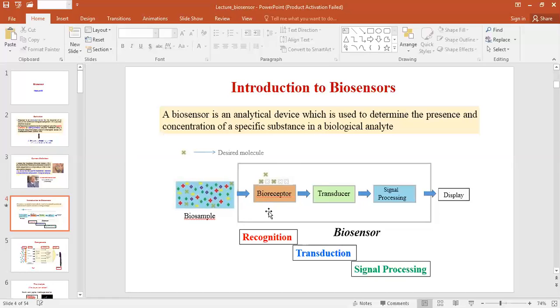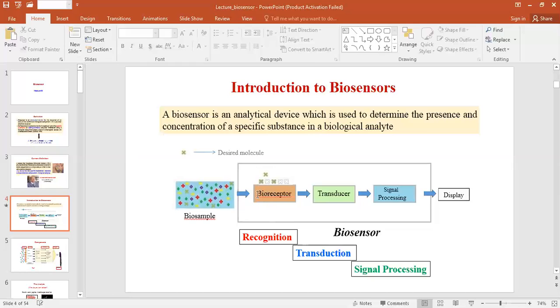Now, after identifying this desired molecule, the bioreceptor interacts with the desired biomolecule, and due to this interaction between the receptor and the ligand, or the desired molecule, the method is known as recognition of the molecule.